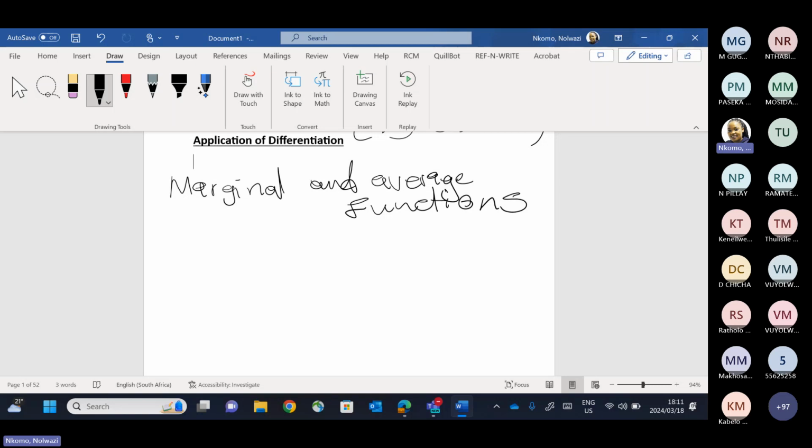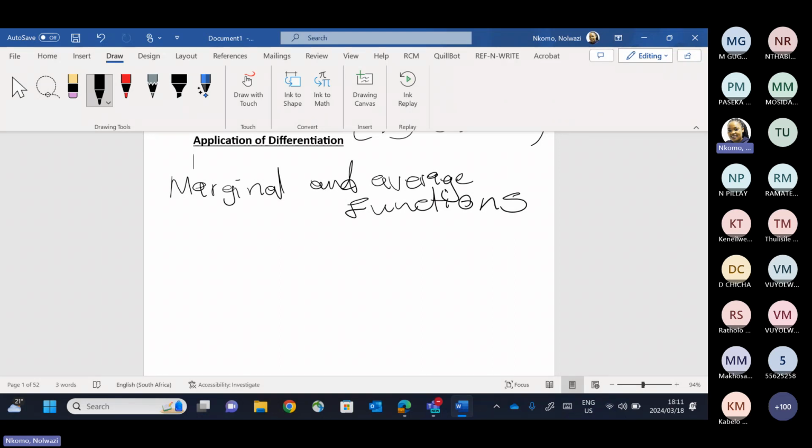In the previous chapters, the ones that you did with me, again, the theory of differentiation, we said the derivative of a function, we introduced it as the equation for a rate of change of the function, right?